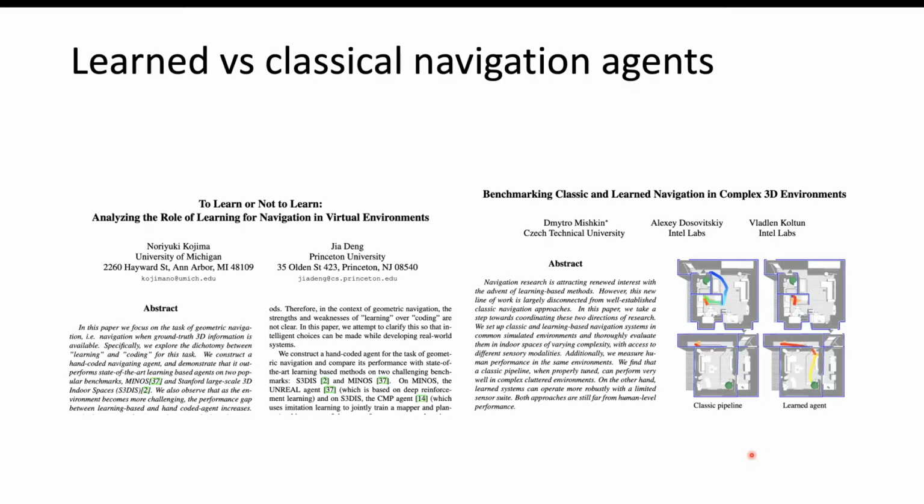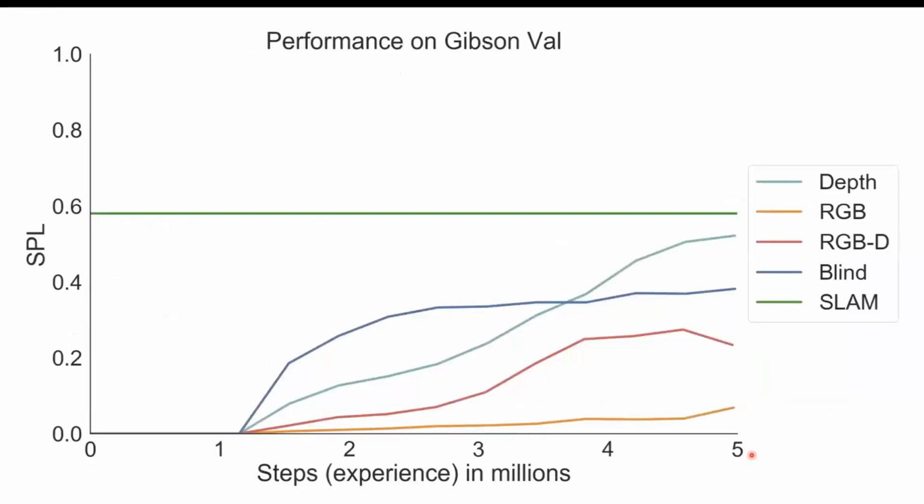Now, if we try to plot what that looks like, here I'll just try to summarize it very briefly. The trend is what's important. On the horizontal, we have the amount of experience that's provided for these learned agents that are navigating in interior environments. And then on the vertical is a summary metric of both success and efficiency at navigating. Higher is better.